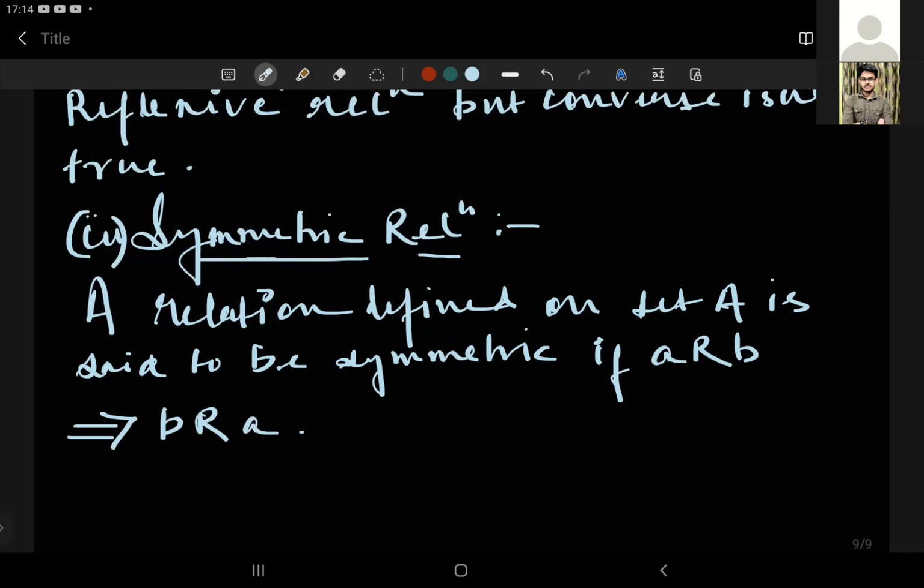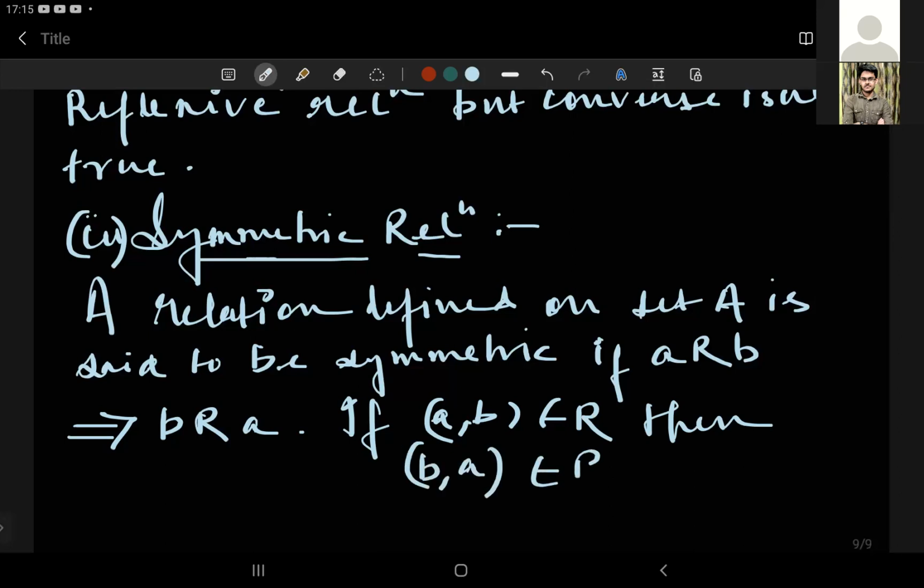That is, if a comma b belongs to R, then b comma a also belongs to R.